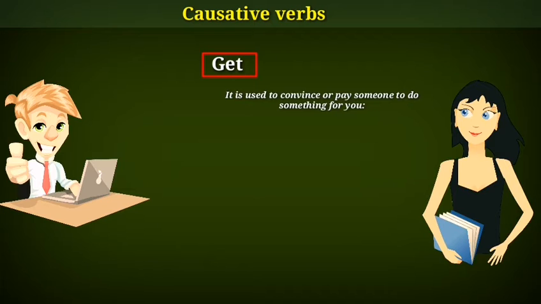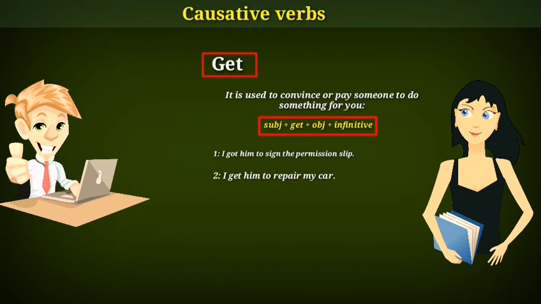So you would use the causative verb get, and the structure would be like this: subject plus get plus object plus infinitive. For example, I got him to sign the permission slip. Here it means that you did not sign the permission slip by yourself, but you convinced someone and he signed for you. So in this manner you can use the causative verb get.